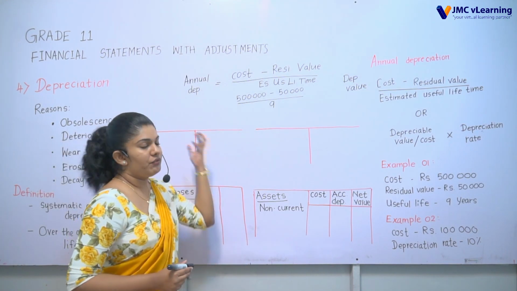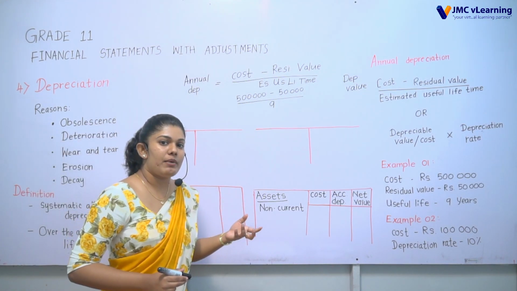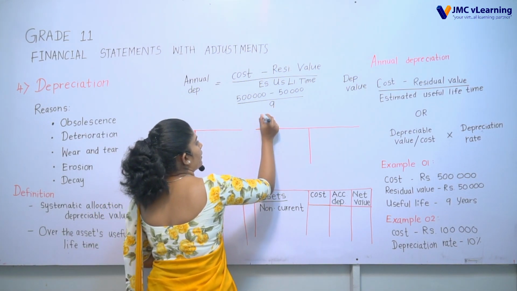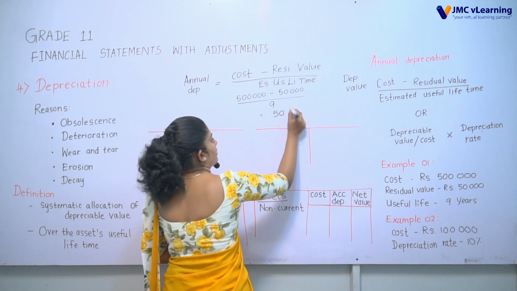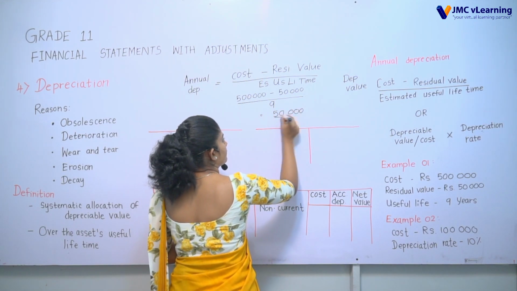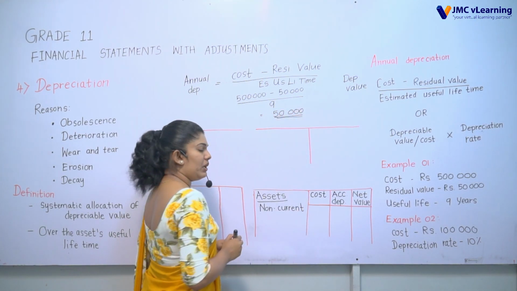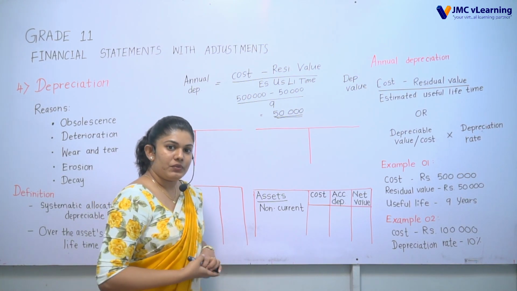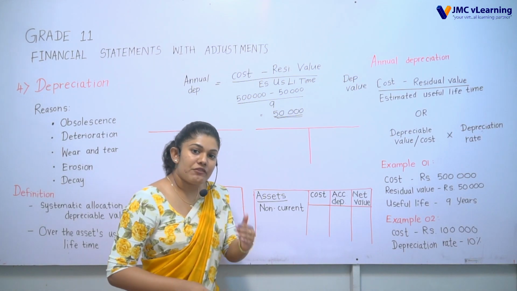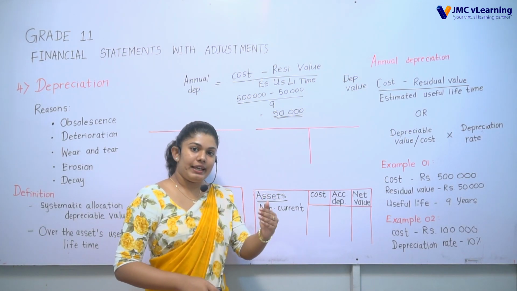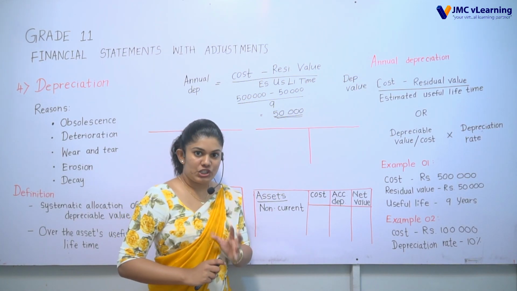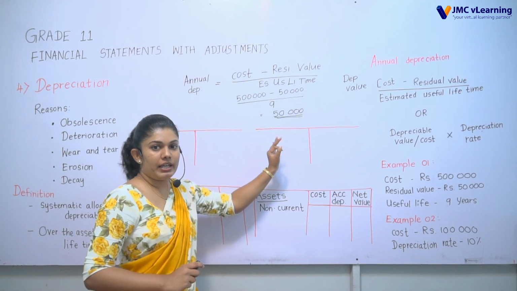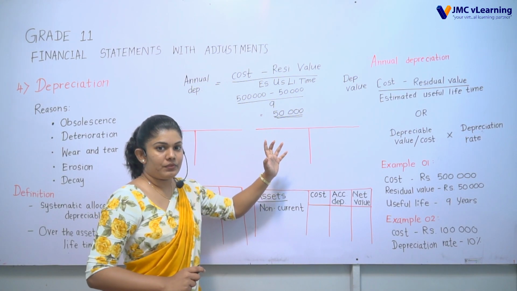So 450,000 we have to divide by 9. The answer will be 50,000. That means this particular asset will be depreciated by 50,000 each year.